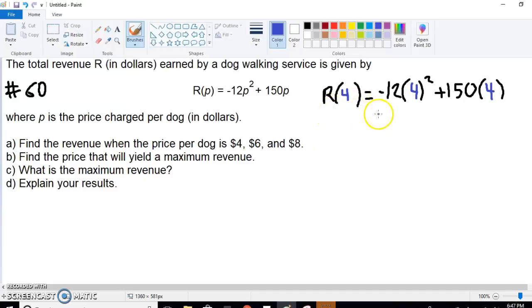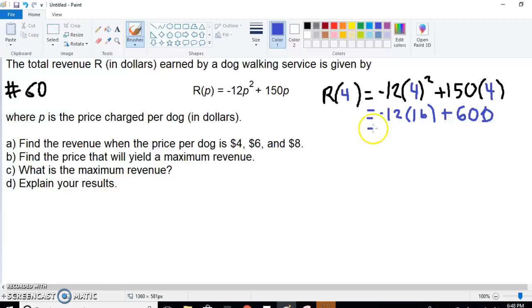So it says R of 4 equals negative 12 times 4 squared plus 150 times 4. We're going to use order of operations to simplify. So here we will square 4, and we'll get 16. And then I'm going to multiply 150 times 4. That would give us 600.